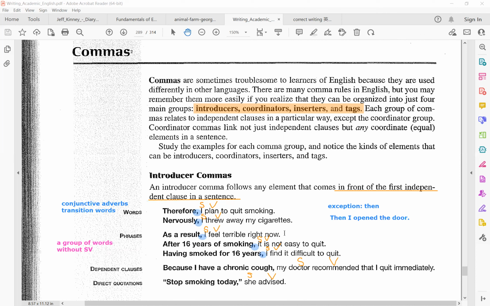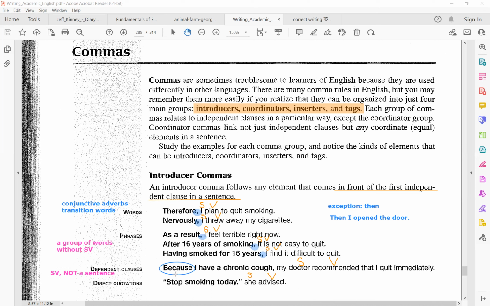Okay. And next, we have something called dependent clauses. If you remember what a dependent clause is, it is something with subject and verb, but it is not a sentence because the dependent clause has something called a subordinator in front, like because, right? So when we have a dependent clause before our independent clause, we would also need an introducer comma.